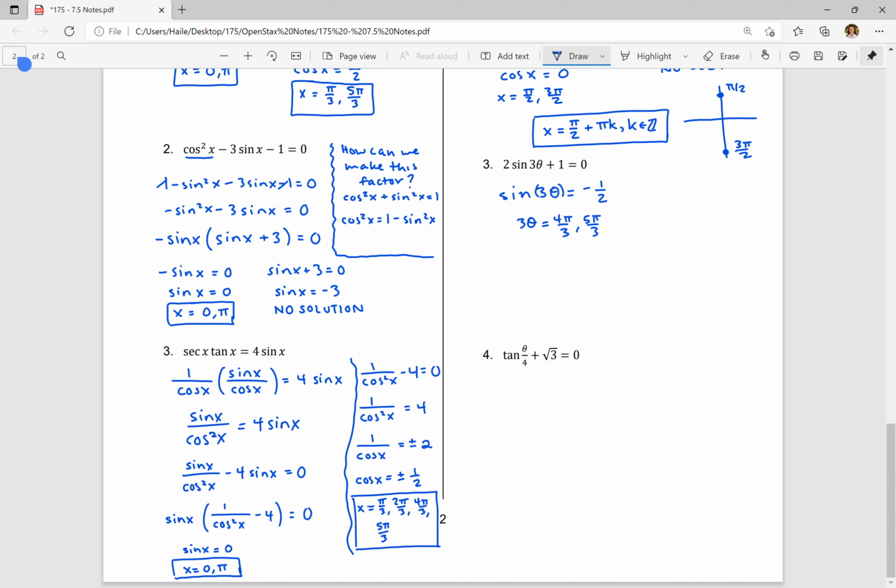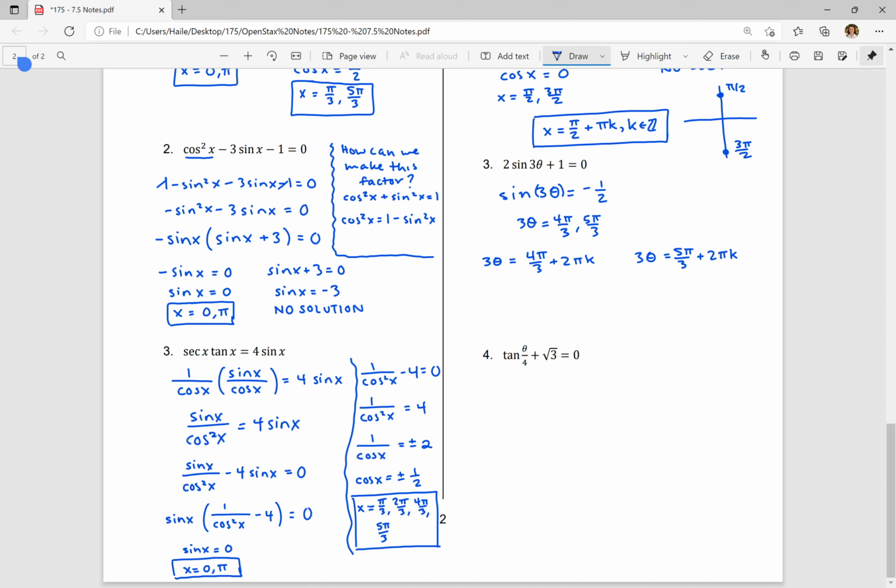So when you have a situation with a multiple angle, as soon as you get those 2 initial solutions, write out a general solution for each of them. So we're going to say 3 theta is equal to 4 pi over 3 plus 2 pi k, and 3 theta is equal to 5 pi over 3 plus 2 pi k. And the reason we do this is we still need to divide by 3 to get theta by itself.